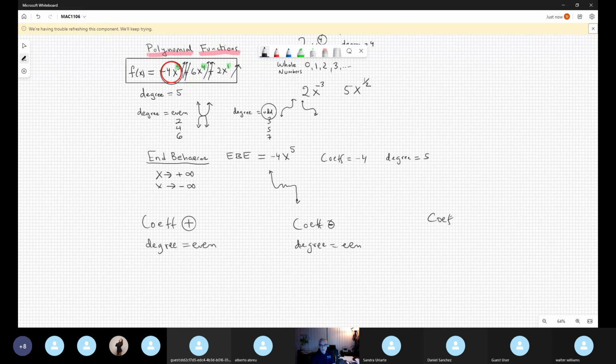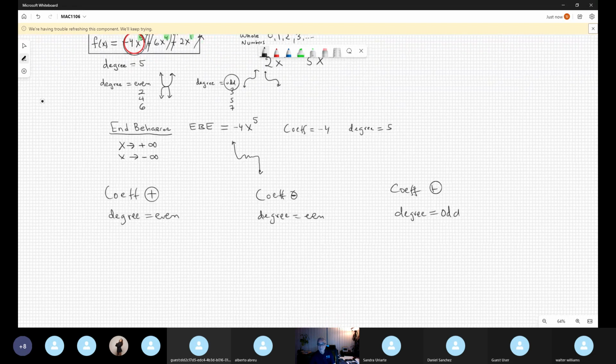Coefficient positive, degree odd. So 3, 5, 7. And coefficient negative, degree odd. Entonces, the end behavior in that case looks like that.